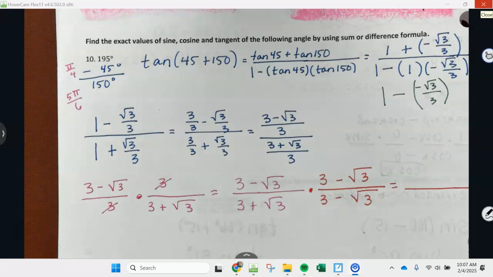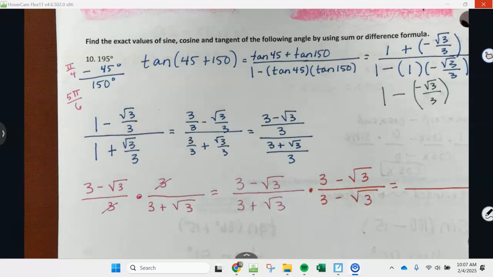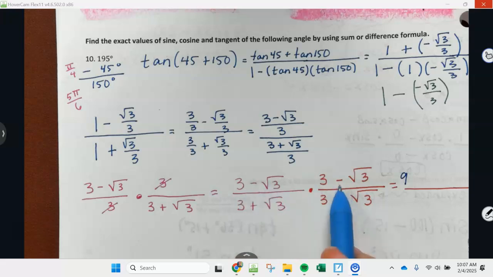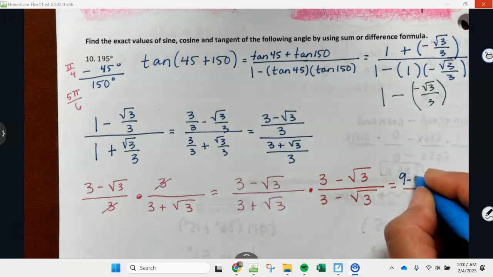Okay. Remember, you're going to have to FOIL that because that's a binomial times a binomial. On the top, here's what the top turns into. 3 times 3 is 9. 3 times negative root 3 is negative 3 root 3.